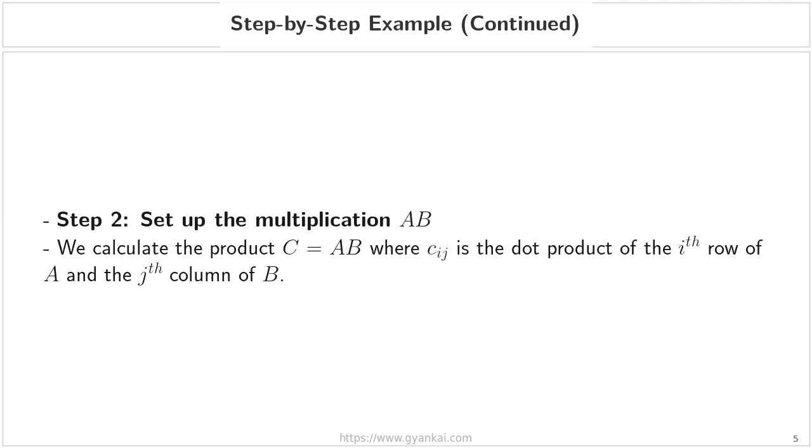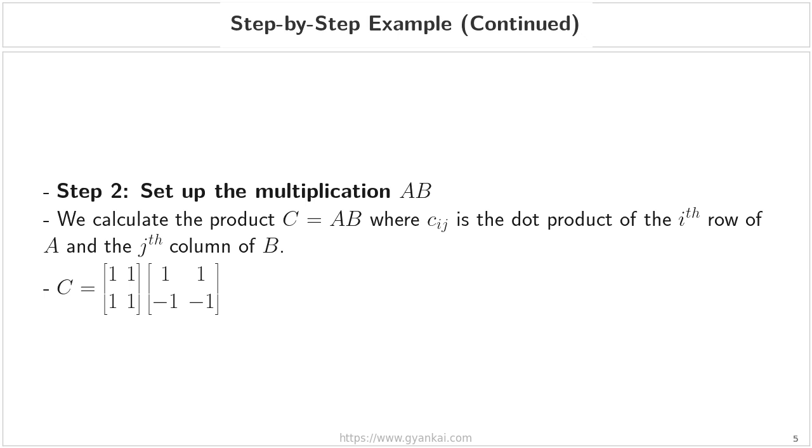Step-by-step example continued. Now that we have defined our two non-zero matrices, let us proceed to step 2, which is setting up the multiplication of matrix A and matrix B. To do this, we will calculate the product, which we will call matrix C. It is important to remember that in matrix algebra, the element in the ith row and jth column of the resulting matrix C is determined by taking the dot product of the ith row of matrix A and the jth column of matrix B. As you can see on the slide, we set up the operation as matrix C equals the 2x2 matrix containing all ones, multiplied by the 2x2 matrix, where the first row consists of 1, 1, and the second row consists of -1, -1.